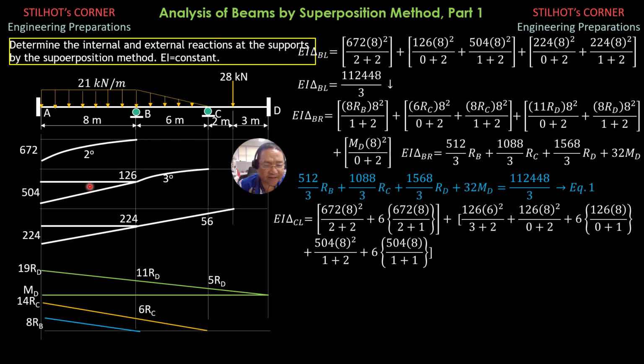So that's already true. Next, we proceed to this moment diagram by parts. So imagine we have 56 load couple at couple 56.